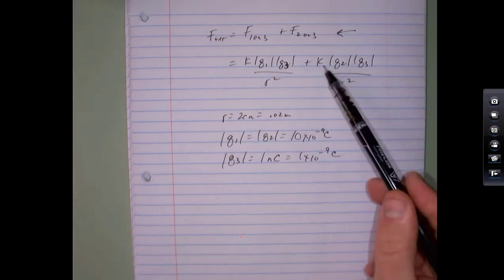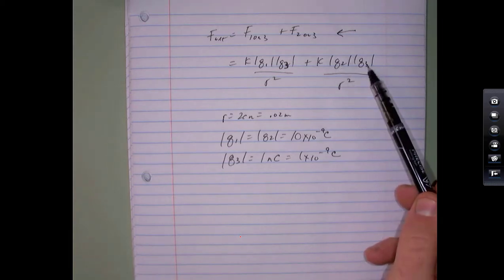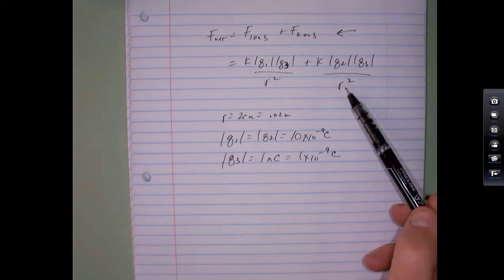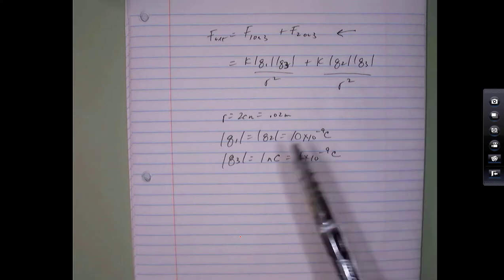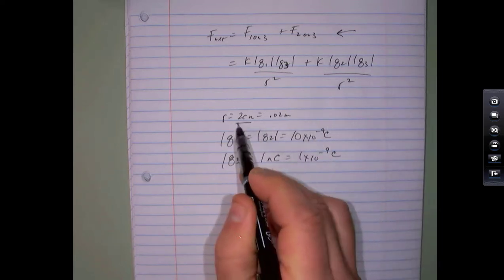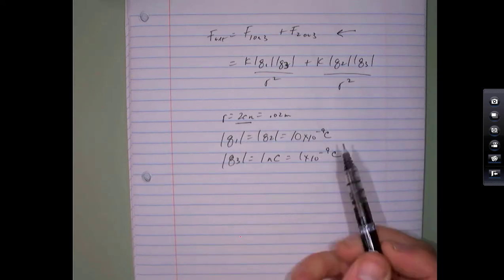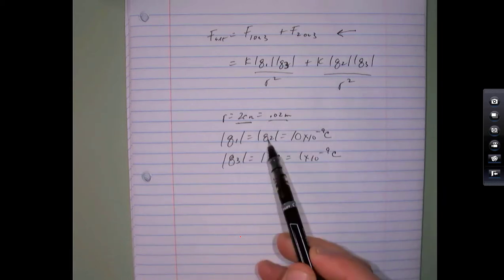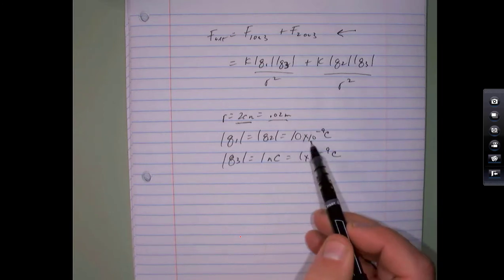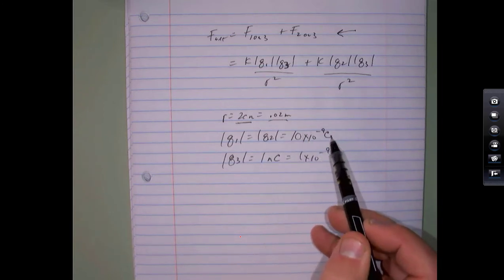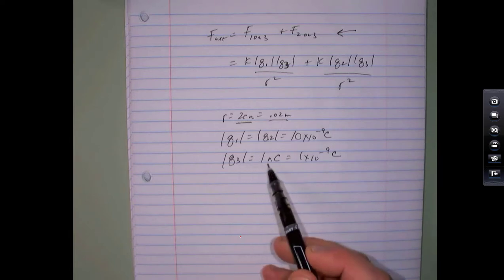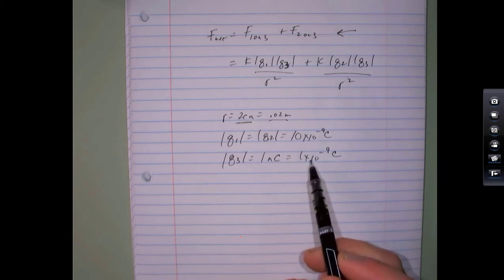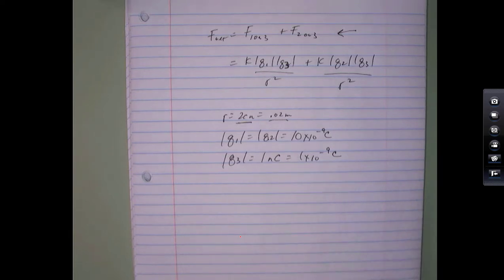Then we have k, Q2, Q3, magnitude of those, divided by the distance between them squared. Now the distance between them is 2 centimeters. We need it in meters, so divide by 100, 0.02 meters. The magnitudes of Q1 and Q2 are actually equal to each other, 10 nanocoulombs, or 10 times 10 to the minus 9th coulombs. Q3 was 1 nanocoulomb, or 1 times 10 to the minus 9th. Remember, a coulomb is very small.